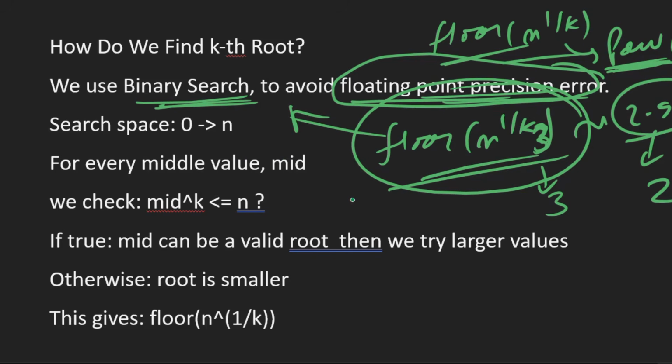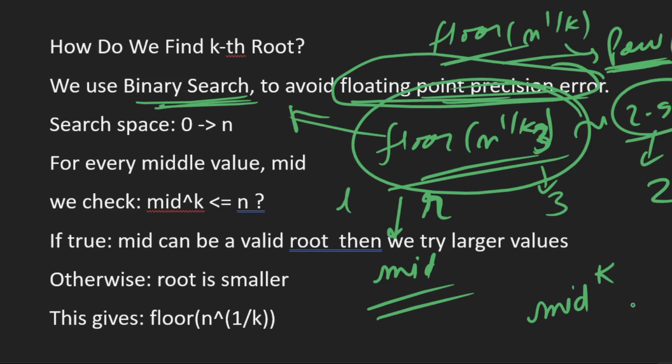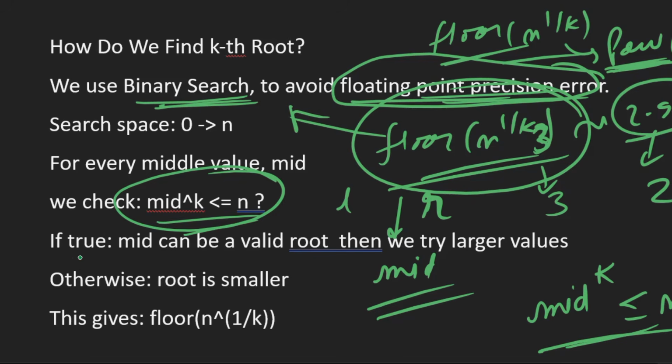So what we'll do is we'll take our lower value and upper value, let's say L and R, then we find mid. And for mid we check whether mid to the power k is lesser than or equal to n. If it is lesser than or equal to n, that means the mid value can be a valid root.